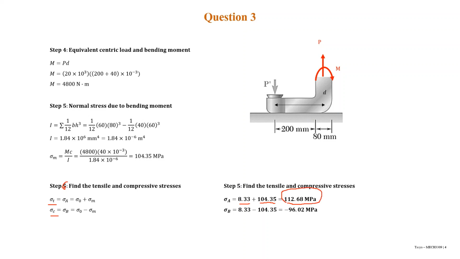While for B, it is minus 8.33 minus 104.35, which is minus 96.02 MPa. So these are the answers for question number 3.